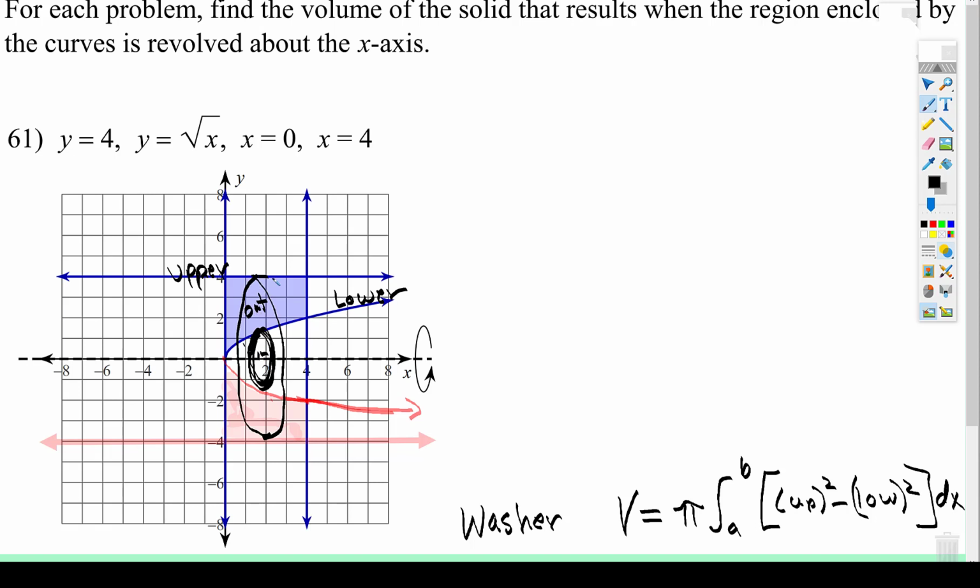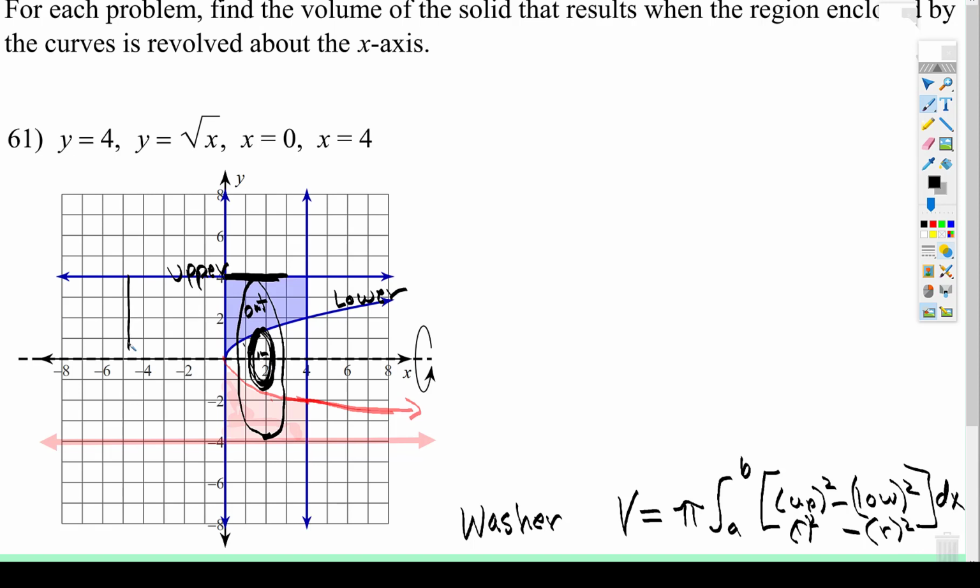The outer disk provides us with this radius. Remember, it's the radius squared of the outer or upper, subtract the radius squared of the inner, because it's pi r squared, right?